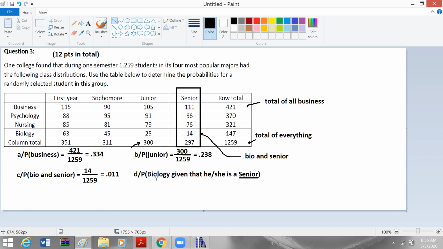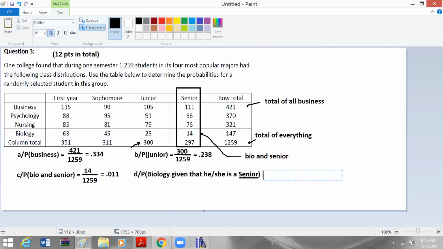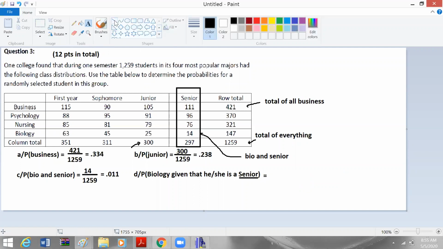So we need to solve for the probability of the bio, given that the person is a senior, right? So we're not going to look at junior, sophomore, or freshman. We only look at the senior number, right? So the total number of seniors will be 297. We're going to put that on the denominator first.